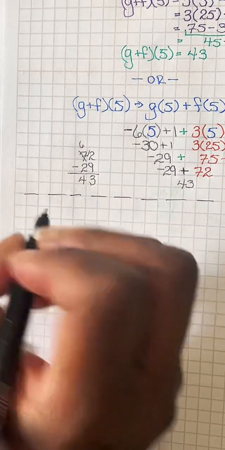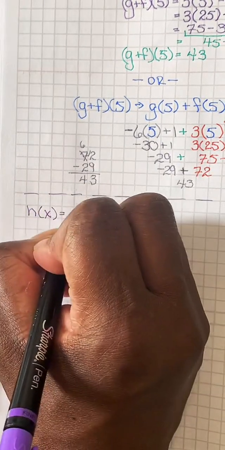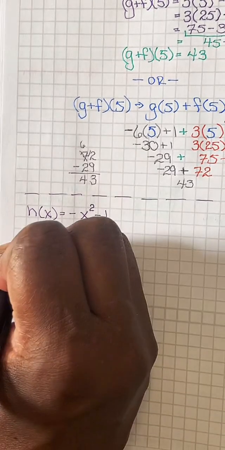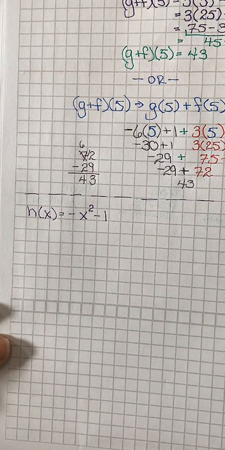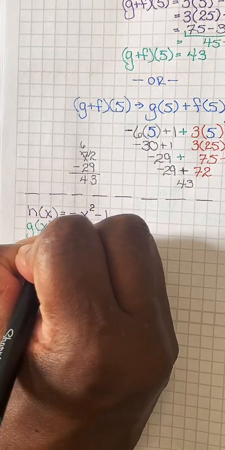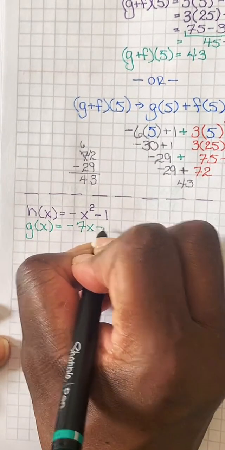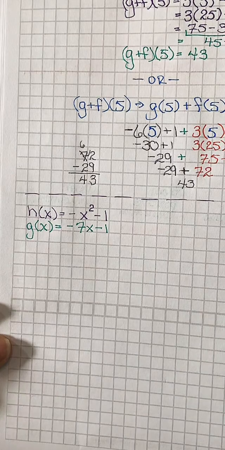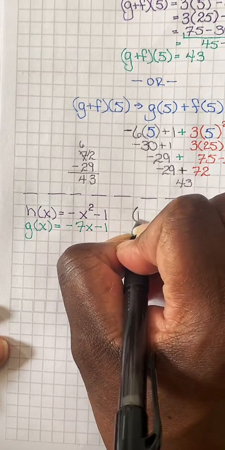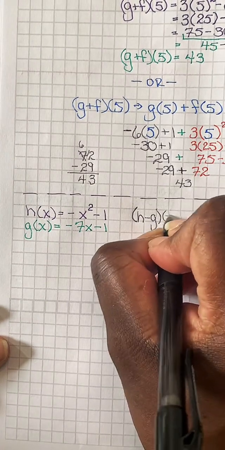All right, so we have h of x is equal to negative x squared minus 1. Then we have g of x is equal to negative 7x minus 1. And what we are looking for is h minus g of negative 5.